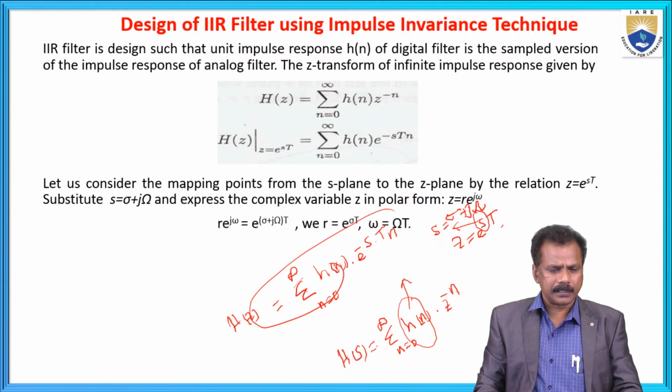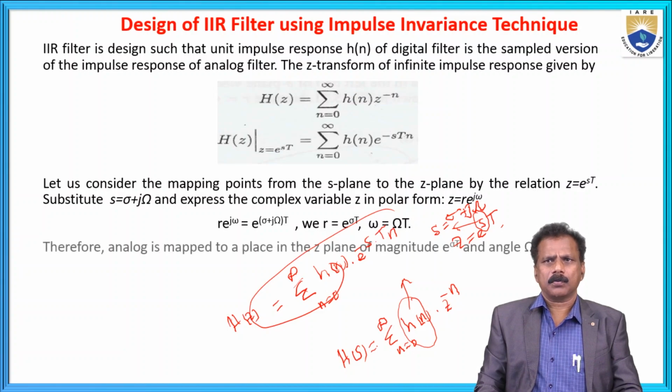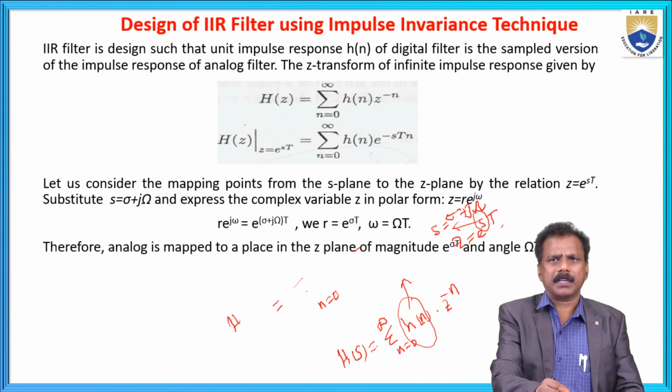So r into e power j omega is equal to e power sigma plus j omega whole power T. Here r is equal to e power sigma into T, and omega is equal to omega into T.